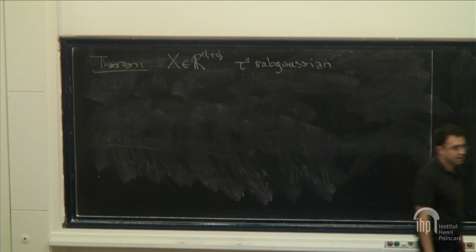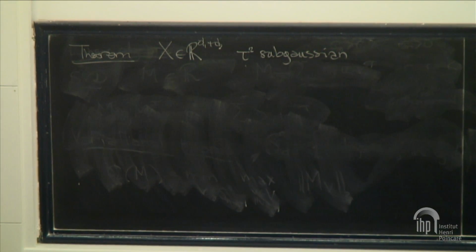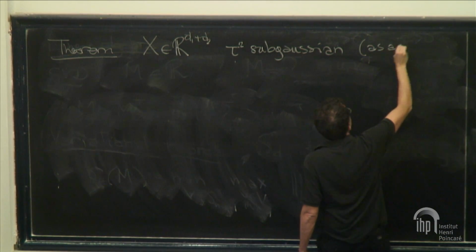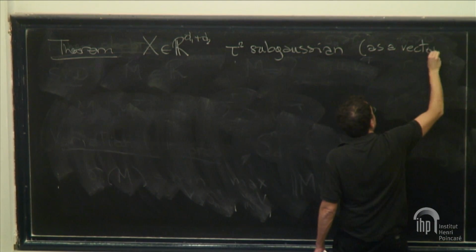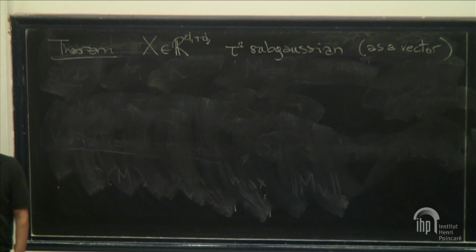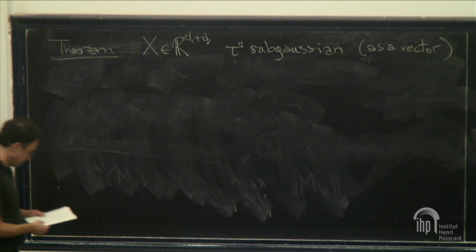What I mean by this is that if you vectorize it, it's a two-square sub-Gaussian vector in the sense that I described above. One example of such a matrix is a matrix with independent entries that are themselves two-square sub-Gaussian. But it could have independent rows or independent columns, doesn't matter.